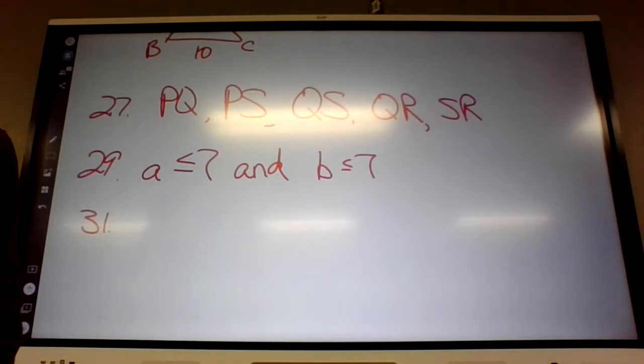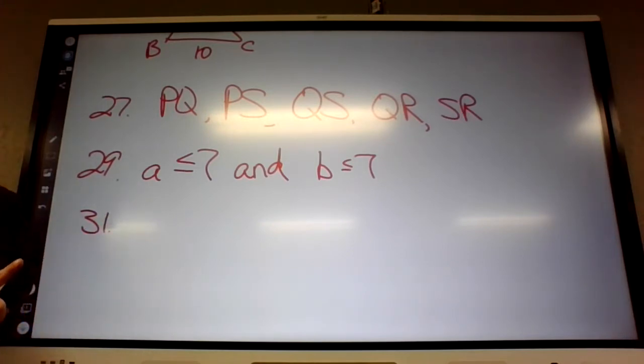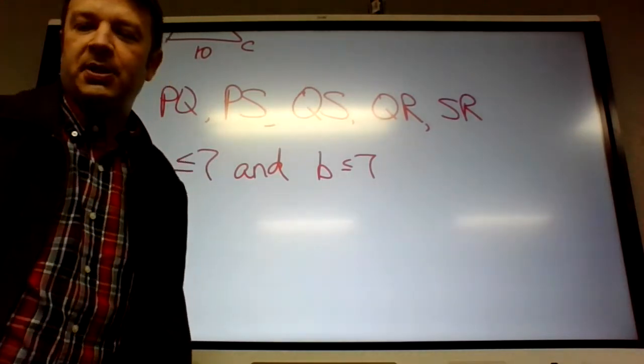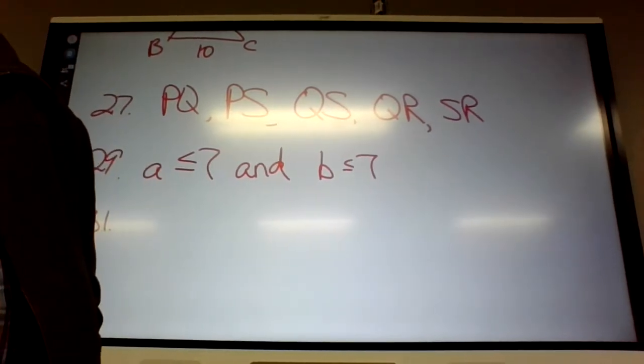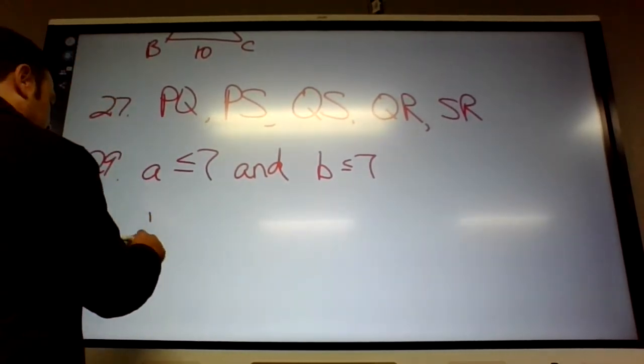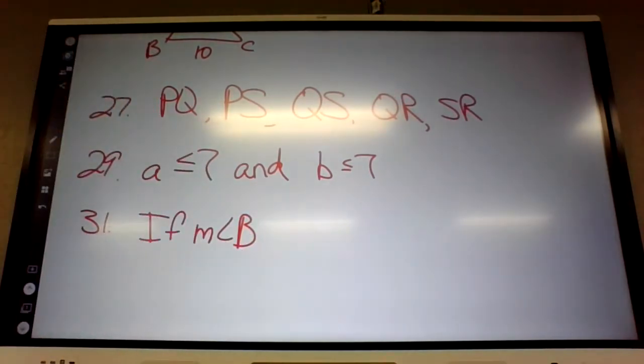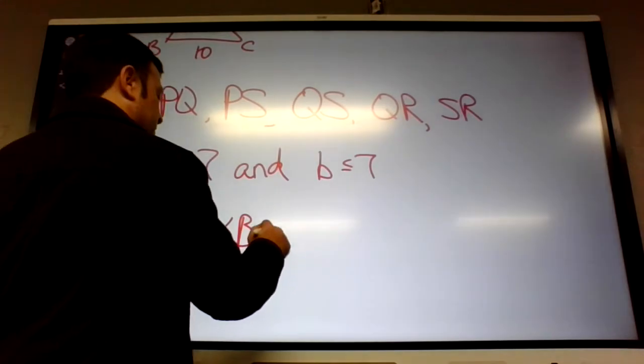On 31, you guys remember what the contrapositive meant? You switch the order and you do the negation. So if we switch the order, it's if the measure of angle B is not equal to 90, we're doing the negation of both.